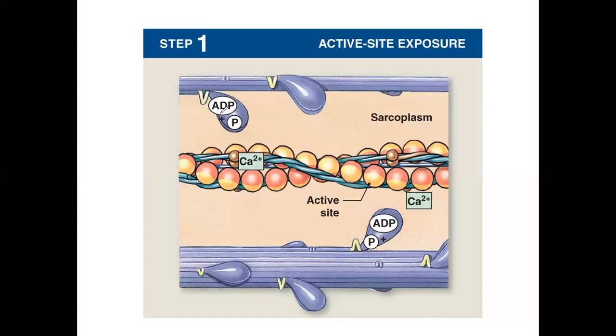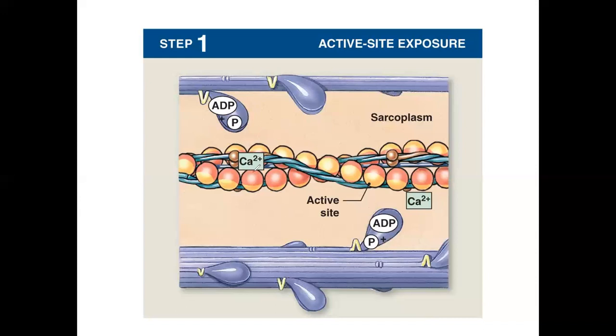So now we have a hydrolyzed ATP, which has been broken into two molecules, one ADP and the other inorganic phosphate, and it has trapped a lot of energy in the head. This energy is forcing the myosin head to want to bind to actin.